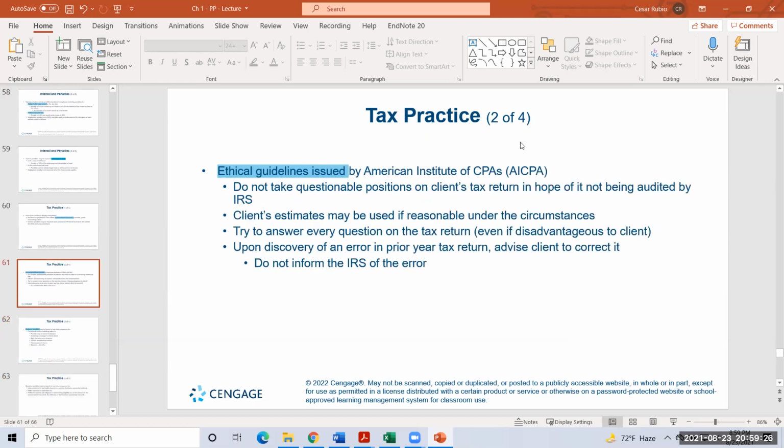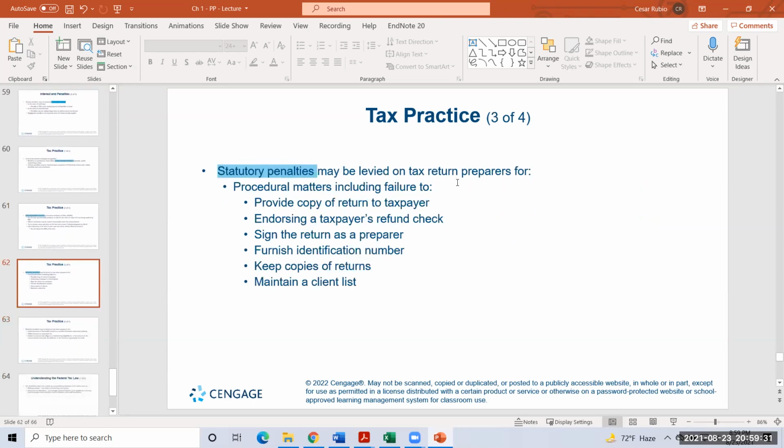But since here they're talking about the professional practice of a tax preparer, it still applies to individuals doing their own tax returns. Even if somebody else does your tax returns, you still have to make sure that you are in compliance with the tax law.